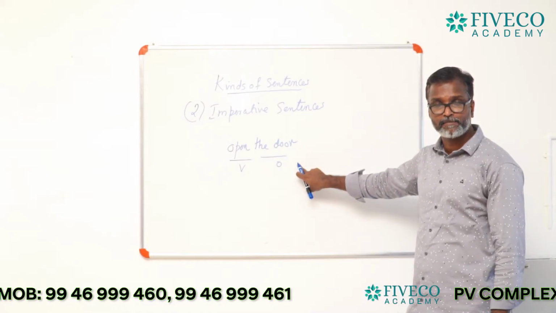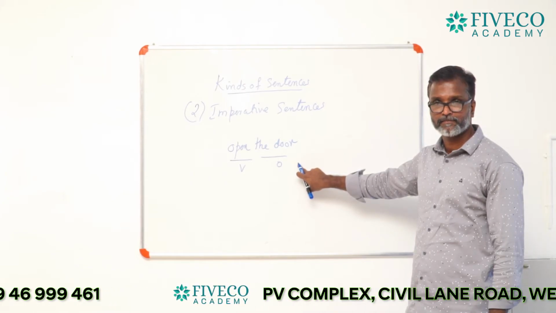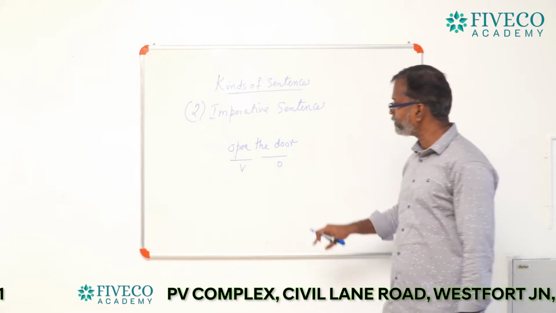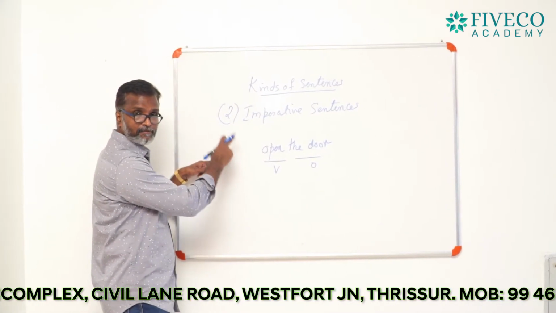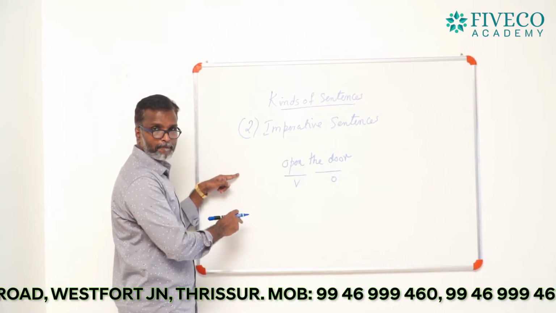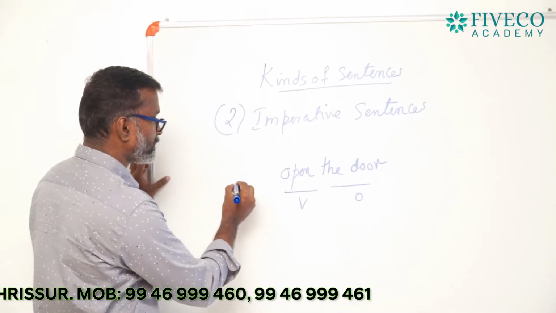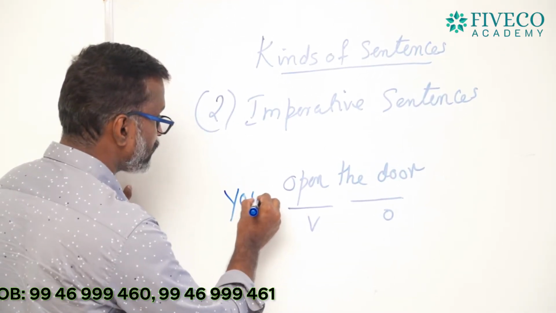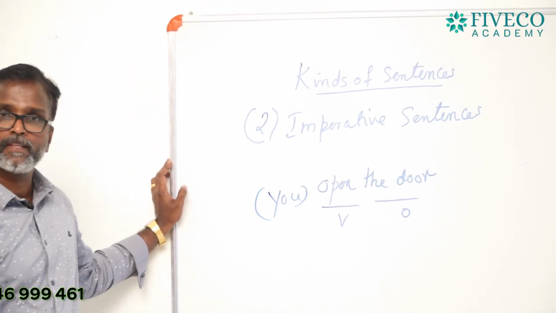There is no subject in the given sentence. So what happened here? Here the subject is invisible. The subject is already here, but it is not mentioned. You know which is the subject? You is the subject.